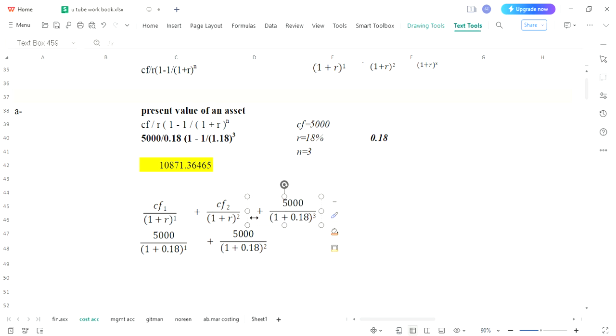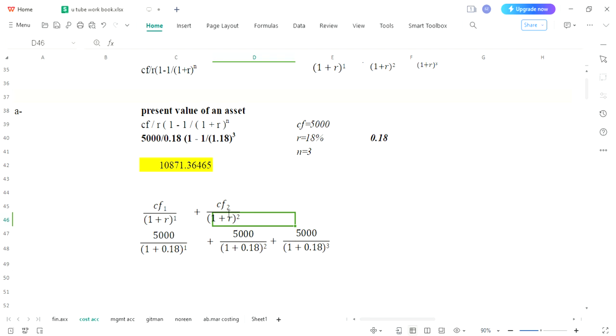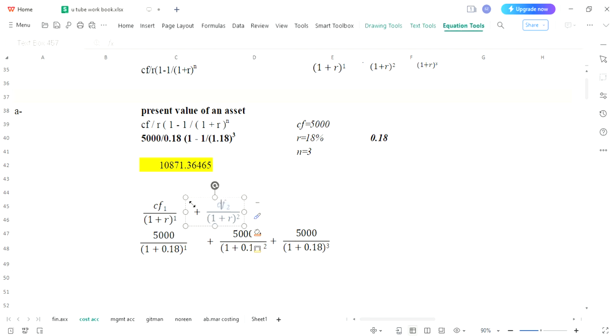Okay, we have posted the amount. Let's put it over here, and here we were supposed to write the formula. So let's write down our formula as well.